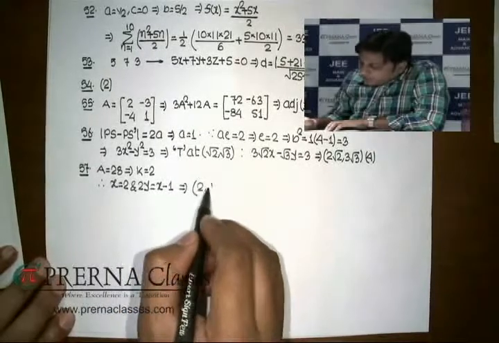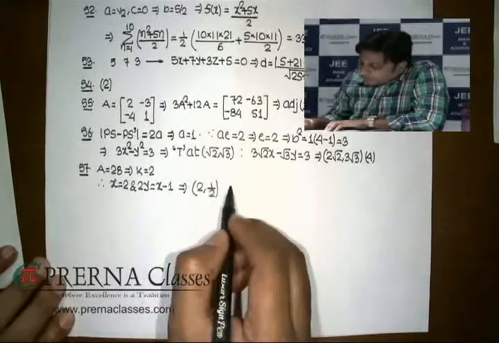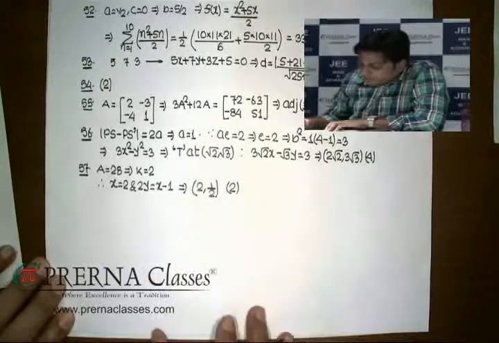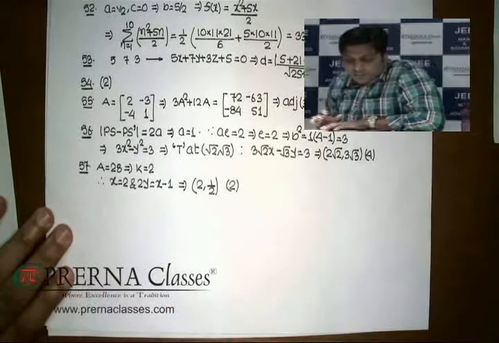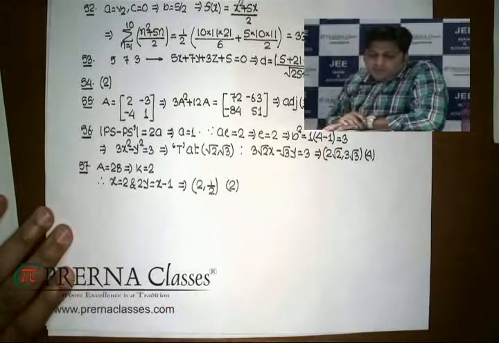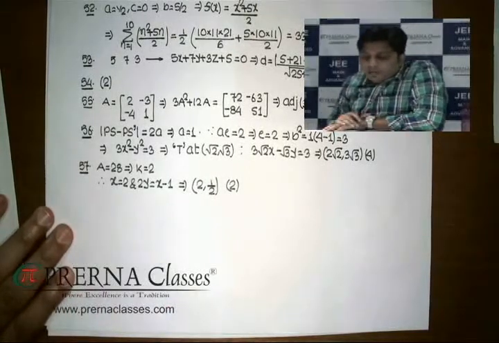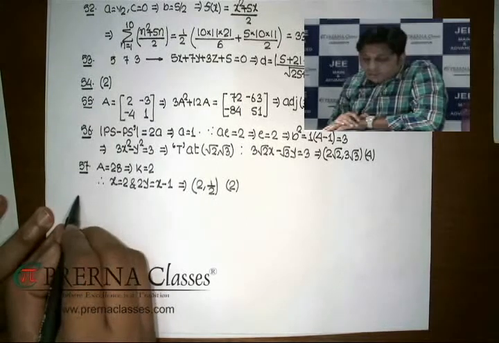Solving these two simultaneously, we will get the orthocenter equivalent to 2 comma 1 by 2, which is option number 2. 58th question, again we are given that 20 meters of wire is available for fencing of a flower bed in the shape of a circular sector.